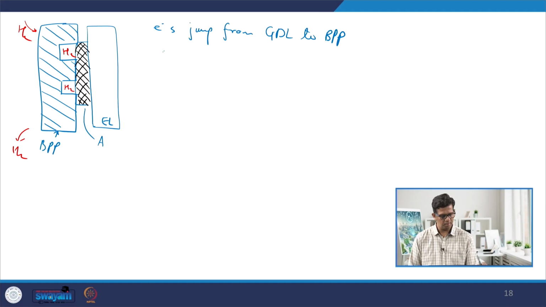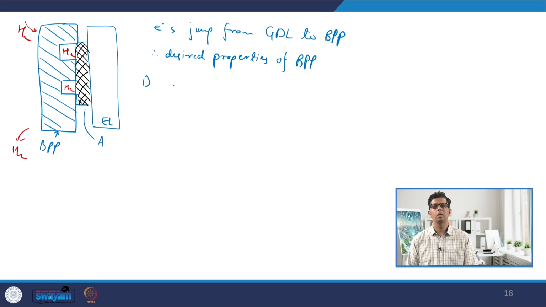So, the desired properties of the bipolar plate: first, it should have very high electrical conductivity.